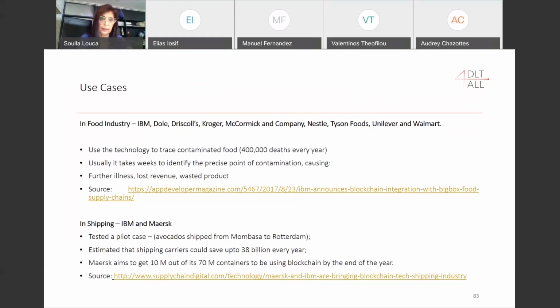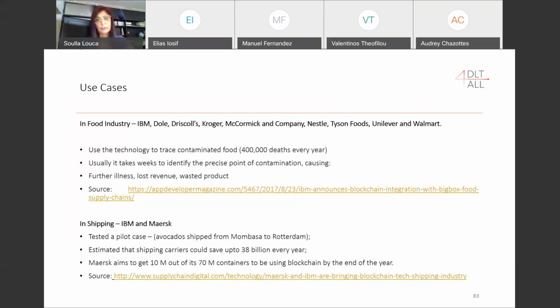Maersk has a total of about 70 million containers, and aims to have 10 million of those containers using blockchain by the end of the year. Again, more information can be found on the link shown here.